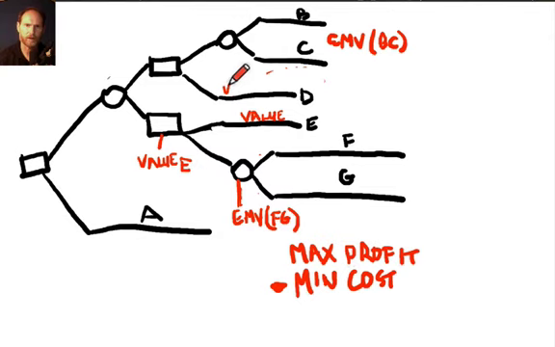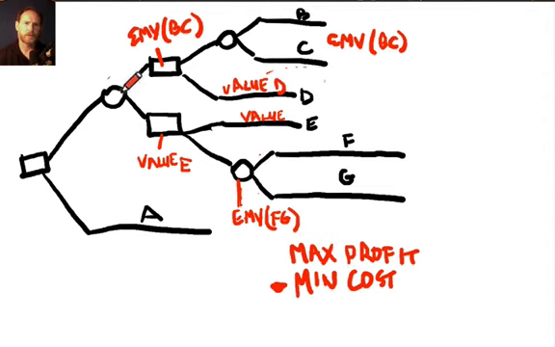And we would do the same thing. We would compare this value with this value. And let's just say for this example, this value is less. Again, we're minimizing costs. So this would put this value back here, EMV BC.